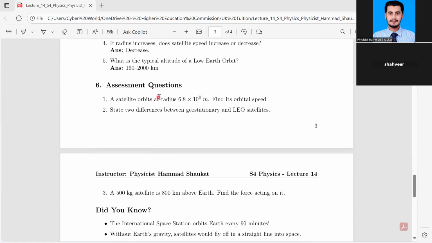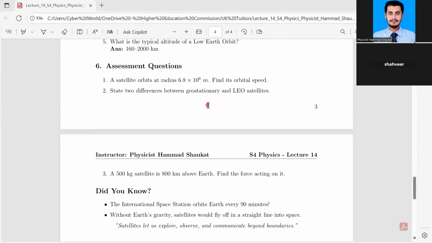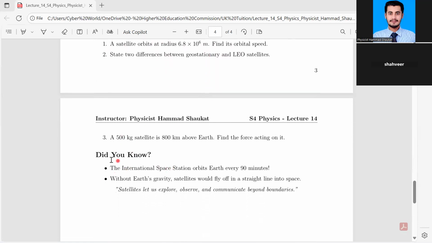So here are some assessment questions for you. You can practice at your home. And this thing you already know, the International Space Station, the ISS, takes 90 minutes to complete one revolution around the Earth. So the orbital period of the ISS is 90 minutes.